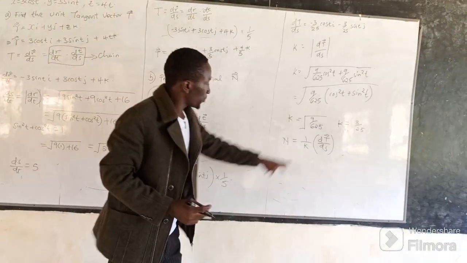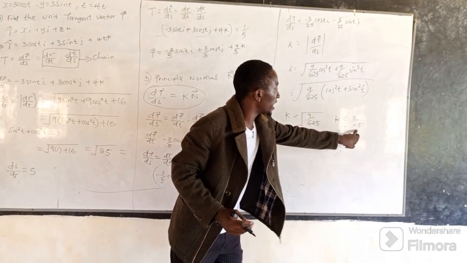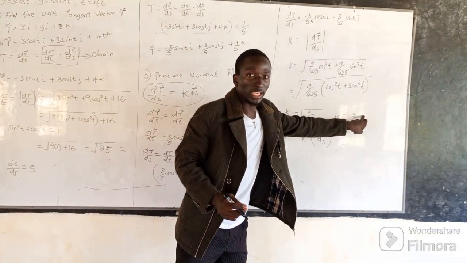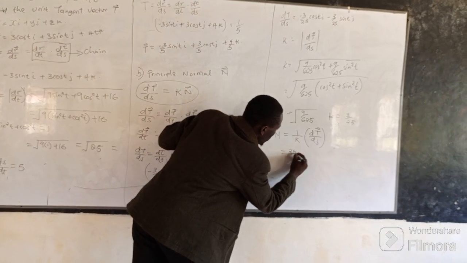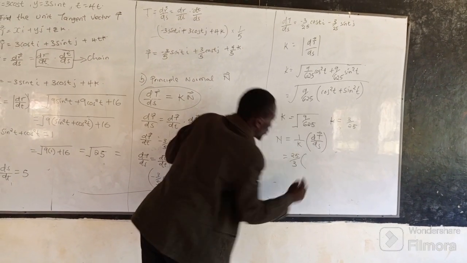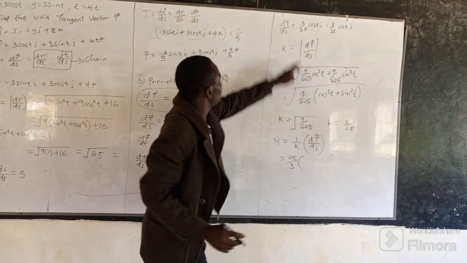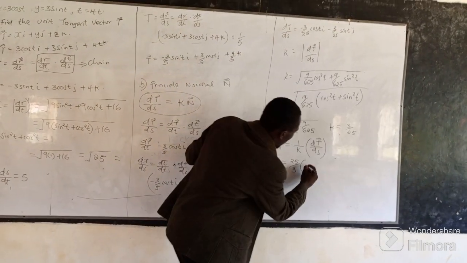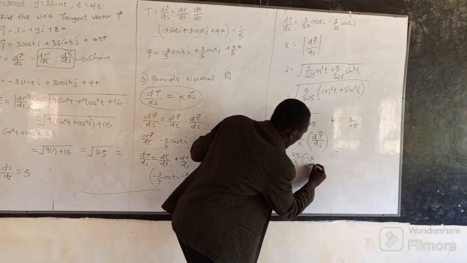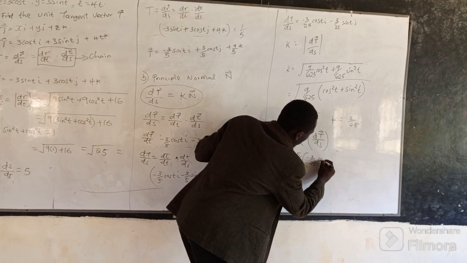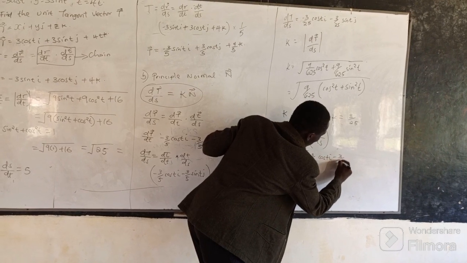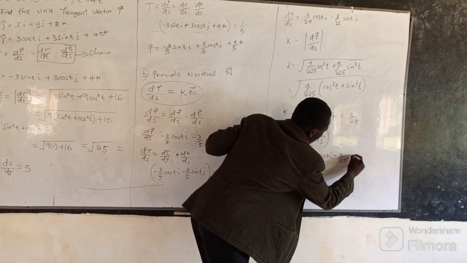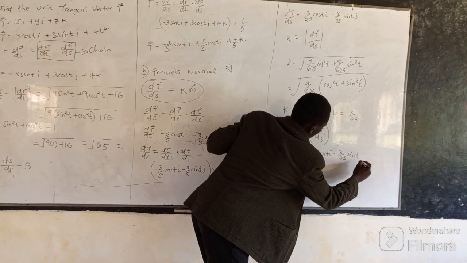Using this formula, 1 over k is the inverse of the value of k, so I'll have 25/3. This will be 25/3 into dT/ds, and dT/ds was negative 3/25 cos t i minus 3/25 sin t j.